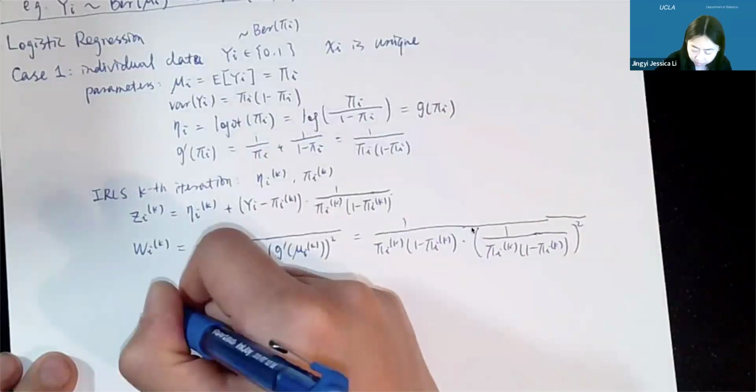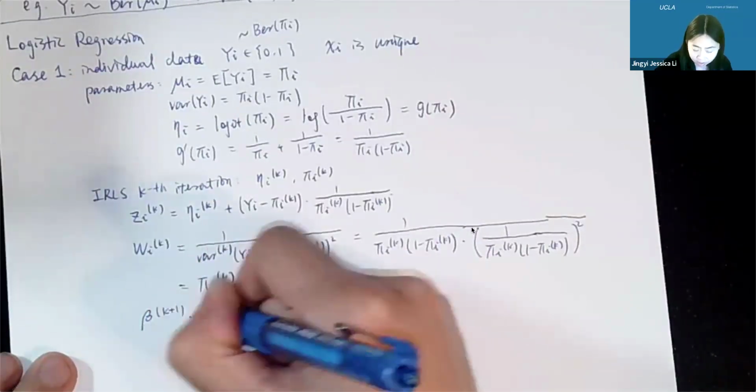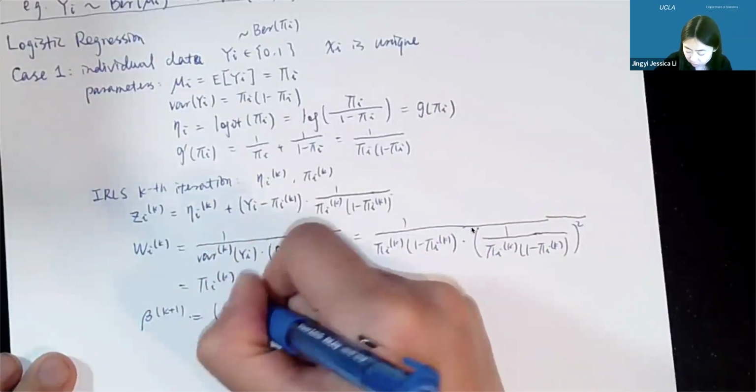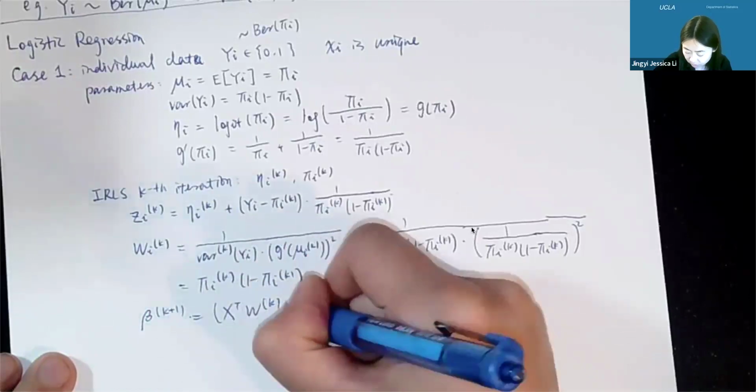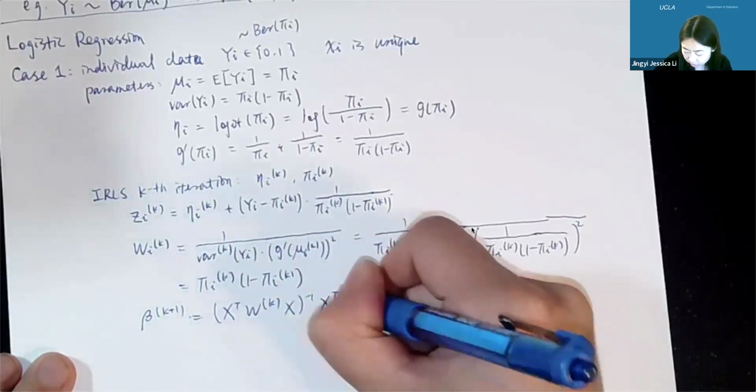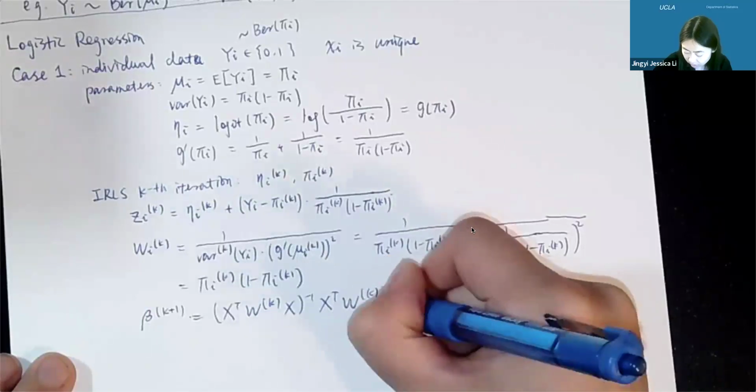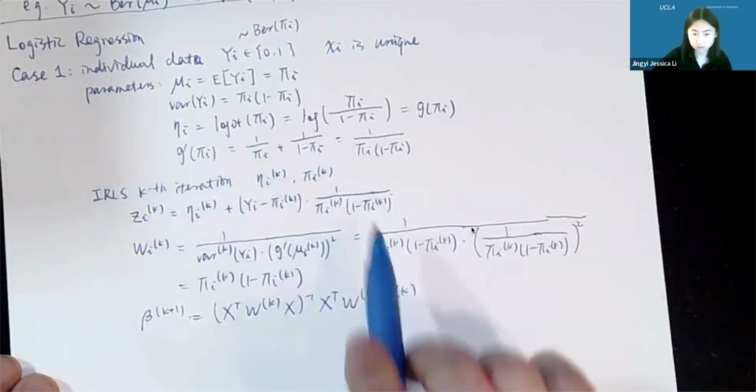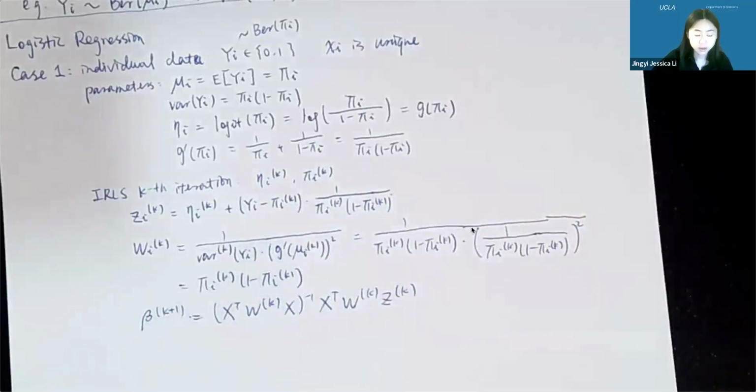This is the key part. Beta k plus 1 becomes just (X transpose W_k X) inverse X transpose W_k z_k. Okay, coming from up, that's how I update the beta. Once I have the beta updated, I can update all my mean parameters.